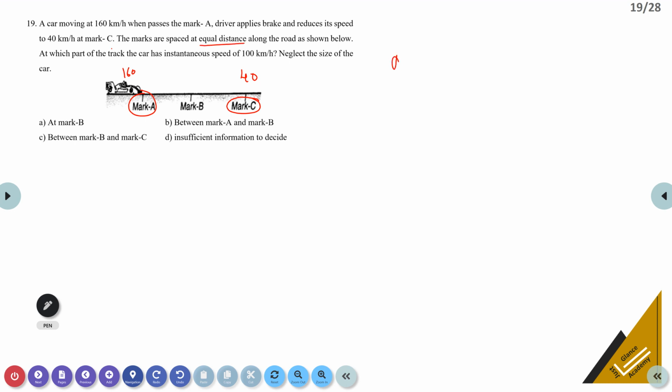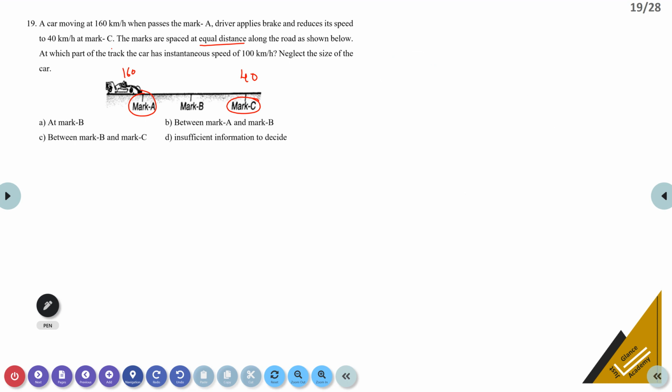That means AB equal to BC, or AB equal to AC by 2. That is important. AB equal to AC by 2. Okay, fine. At which part of the track the car has instantaneous speed of 100 km per hour, neglecting the signs?